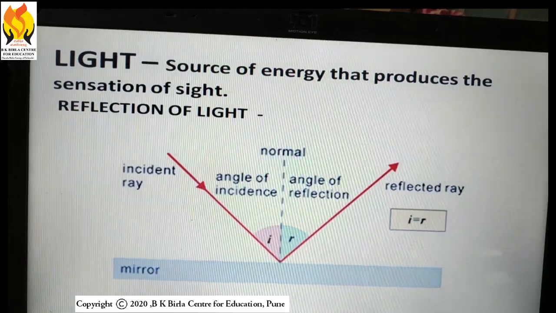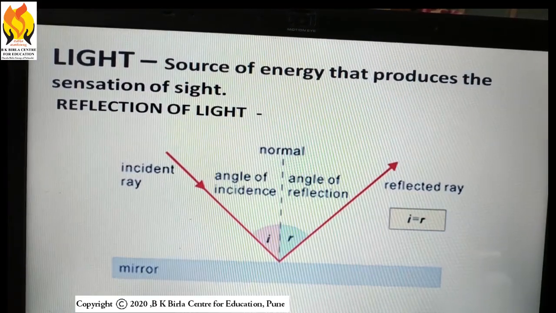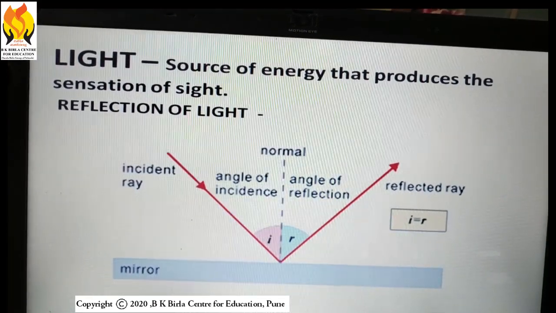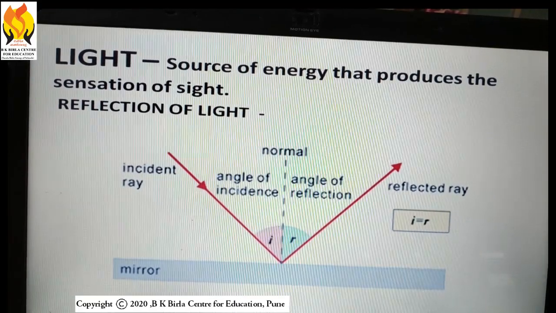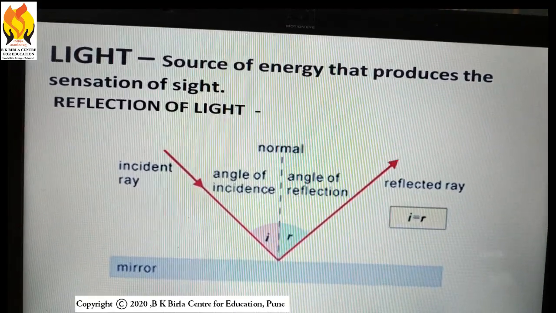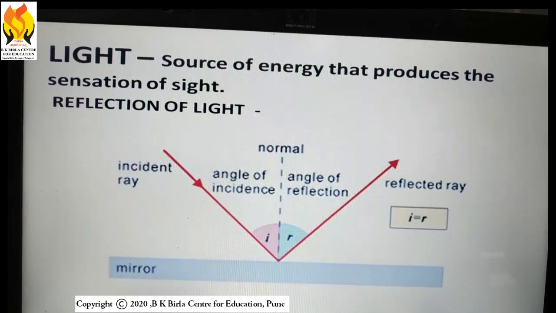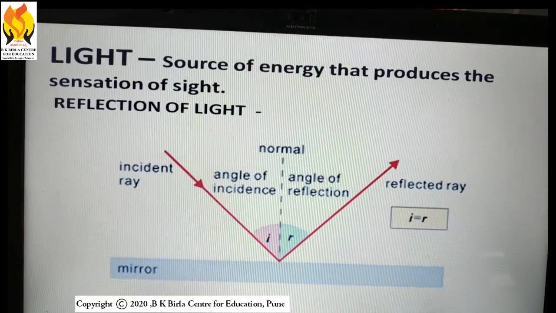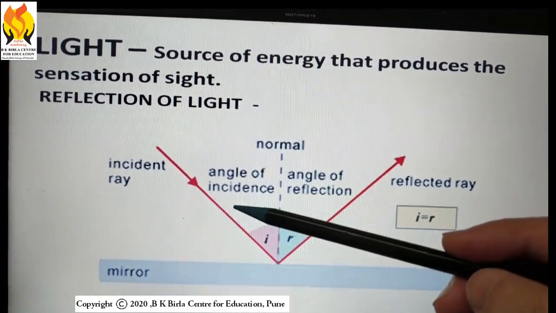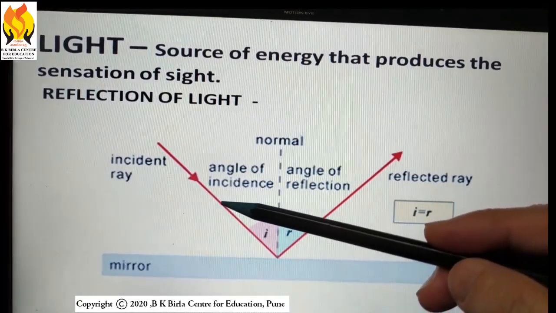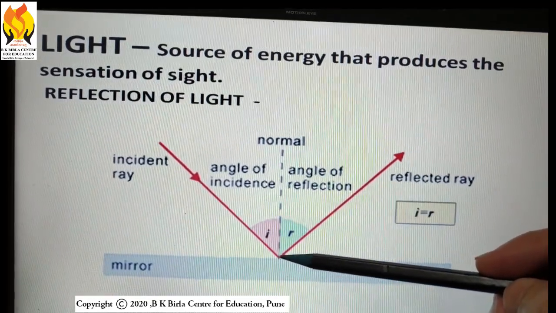Reflection of light is a very simple process in which a ray of light falls on a reflecting surface and is then sent back in a different direction but in the same medium. Let's discuss with the help of this diagram. This ray of light falls on the plane mirror.